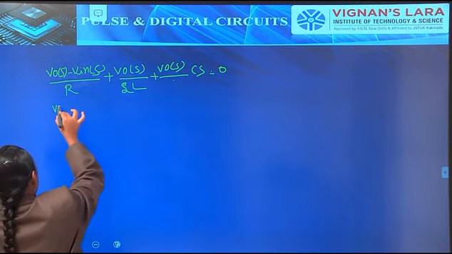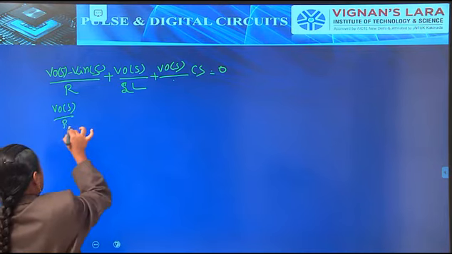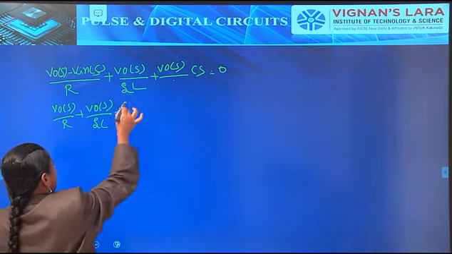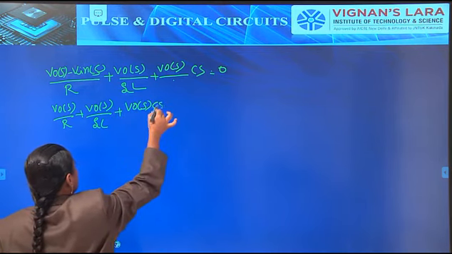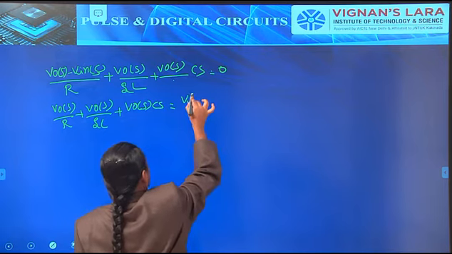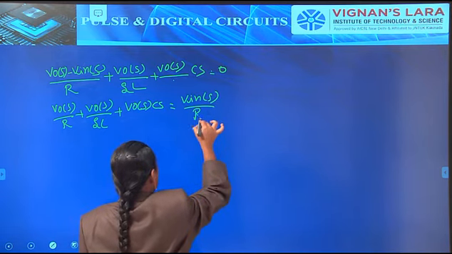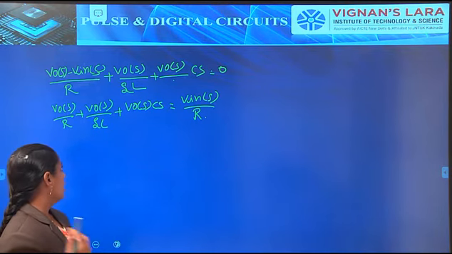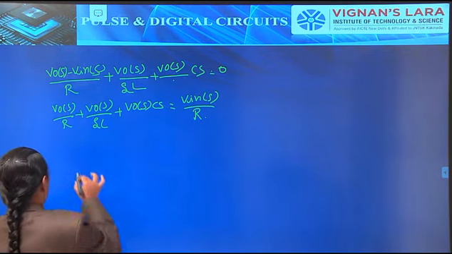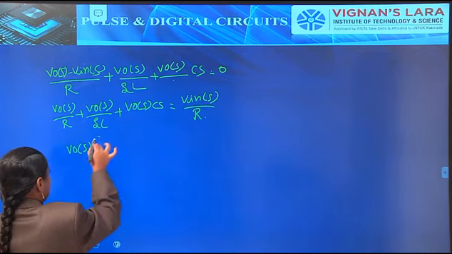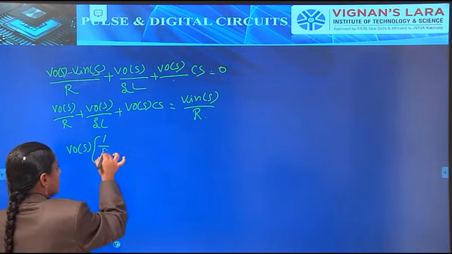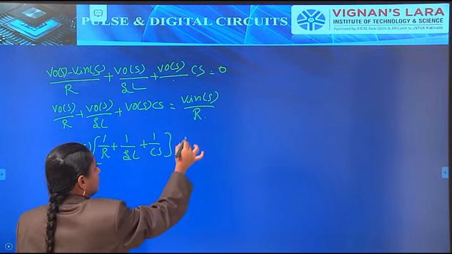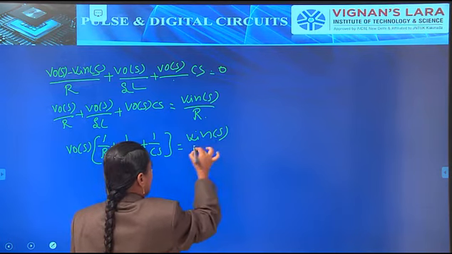So V naught of S by R plus V naught of S by SL plus V naught of S into Cs is equal to V of S by R. I move the V naught of S terms to the RHS side and take V naught of S as common. Then the equation becomes 1 by R plus 1 by SL plus Cs, equal to V of S by R.